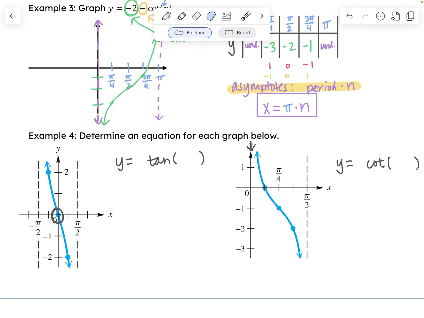So looking at this tangent one, first thing I will notice is that we are at 0, 0, which means we haven't been shifted up or down. So from here, I need to start looking at, do I have a reflection, a stretch, or a shrink to figure out if there's something that's going to go in front of my tangent.